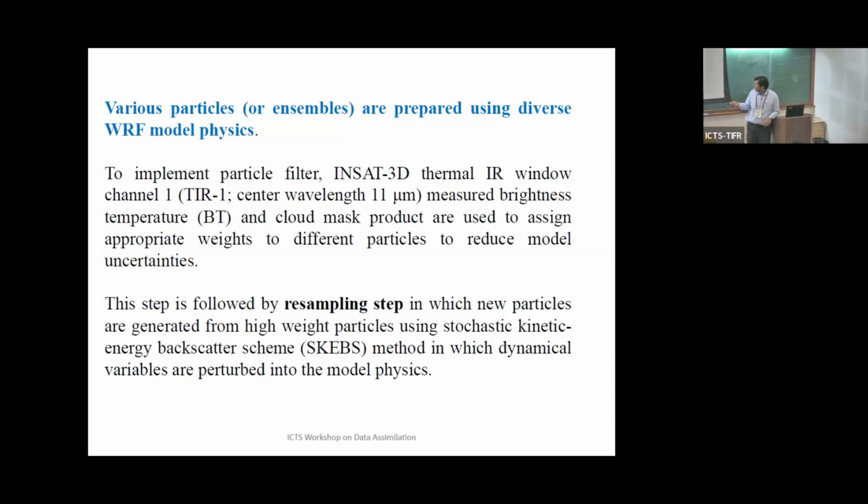In general, to generate the ensembles, people use different methods. One method is based on different model physics. Another method is based on the stochastic kinetic energy backscatter scheme. One more is SPP, popularly known as SCAPS. Then one more is stochastic perturbed parameterization tendency, SPPT.